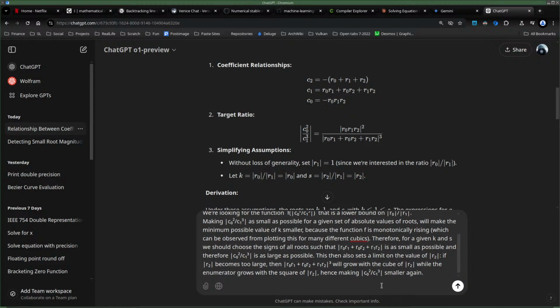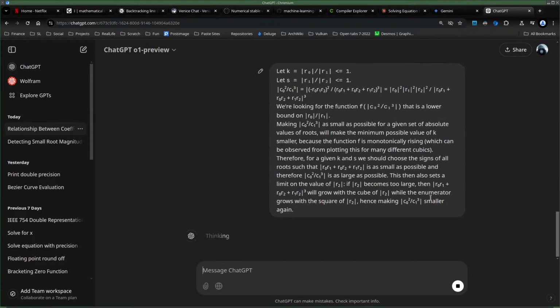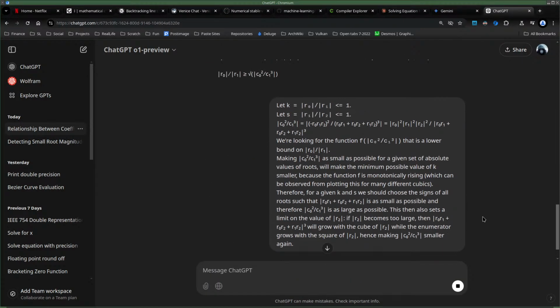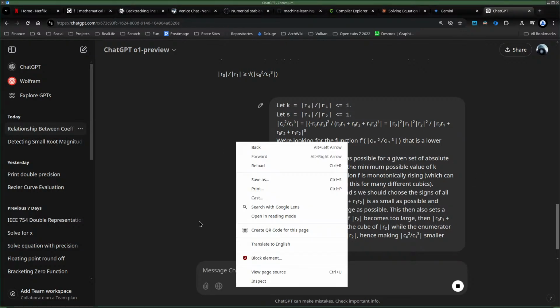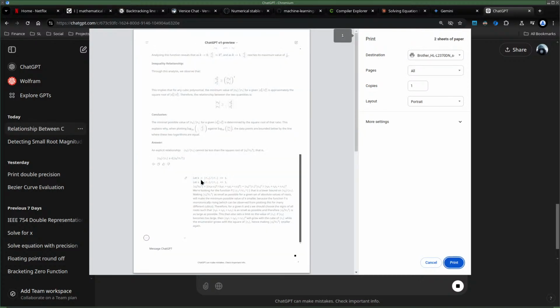Okay, I'm just going to do this on it and then leave. I'd like to print this page. Can I print it? Print. Just this one page.